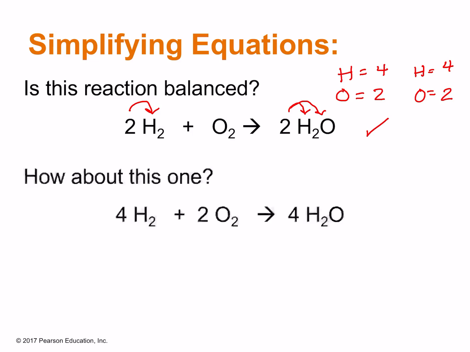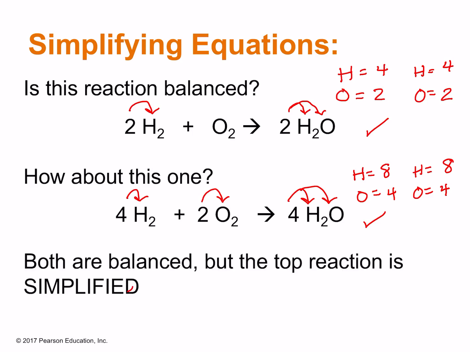So we still have hydrogen reacting with oxygen to produce water. So if you went through and did the same atom count, you would realize that you have now 8 hydrogens, 4 oxygens, 8 hydrogens, 4 oxygens. So it's still balanced. So which one's right? Well, technically they're both right, but whenever you get into this kind of situation, I want you to simplify it.